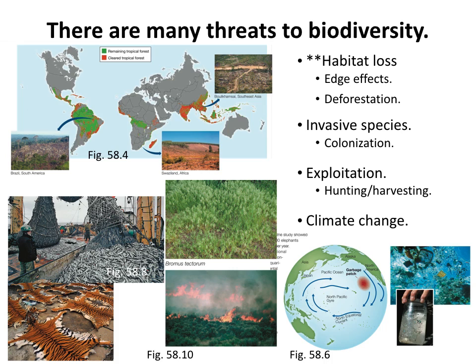We can categorize habitat loss into different things. One of these is called edge effects. Basically, you just think about a very large square, and you reduce the size of that square.